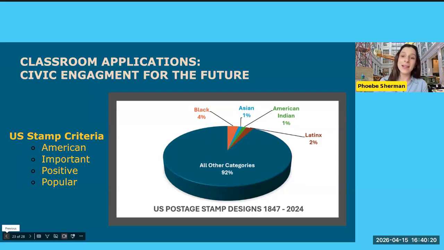But of course, that doesn't change that many of the diverse, extraordinary American stories from our history remain underrepresented in stamps. I'm curious in the chat if you want to put any guesses when the first woman appeared on a stamp. What year do you think that was?